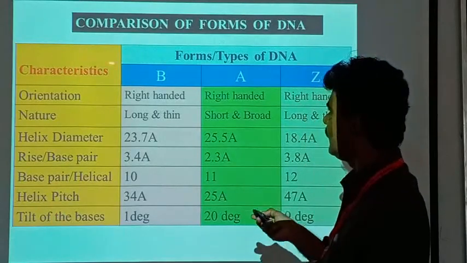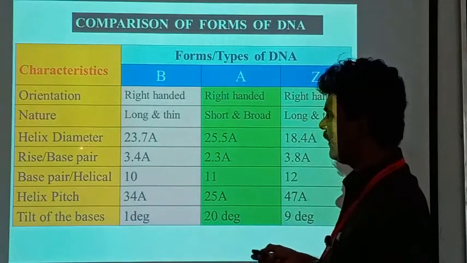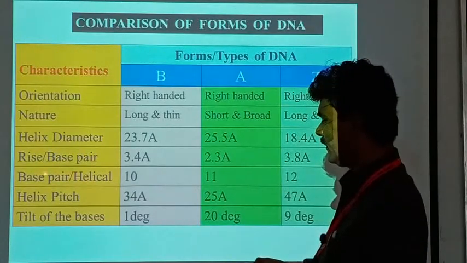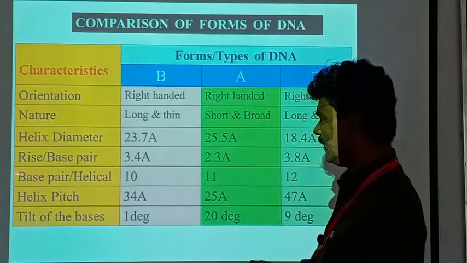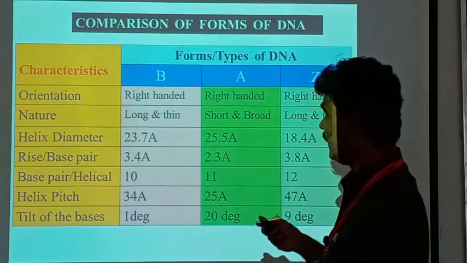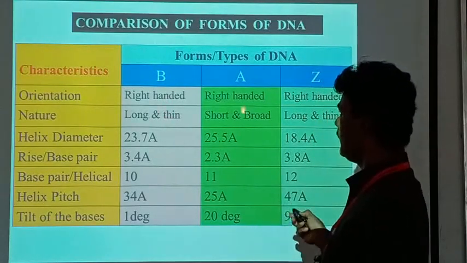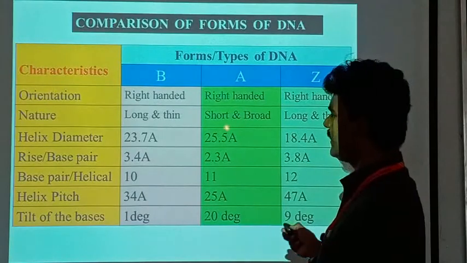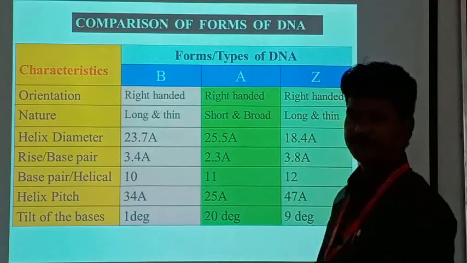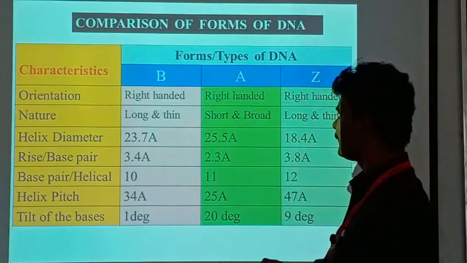Characteristics: orientation, nature, helix diameter, number of base pairs per helical turn, angle of the bases on the DNA strand. In the B form and A, first orientation, both are right-handed, Z is left-handed.